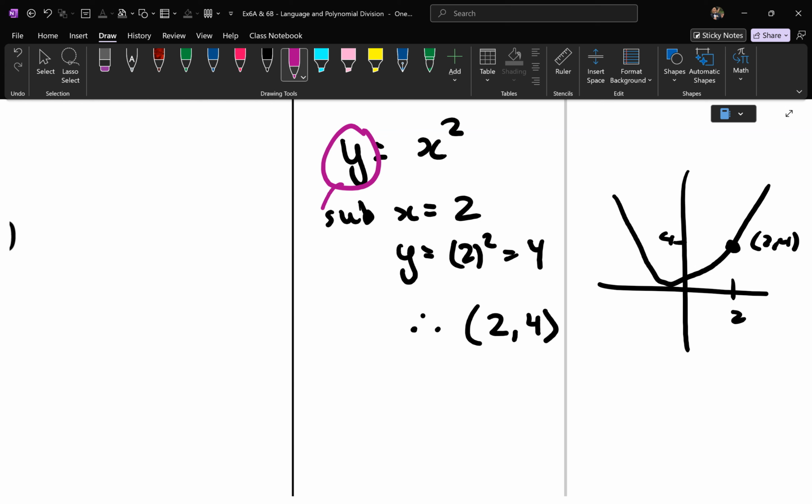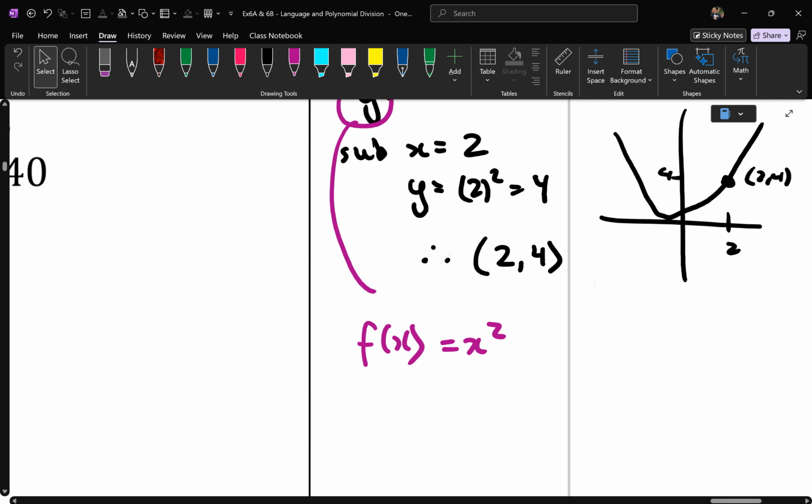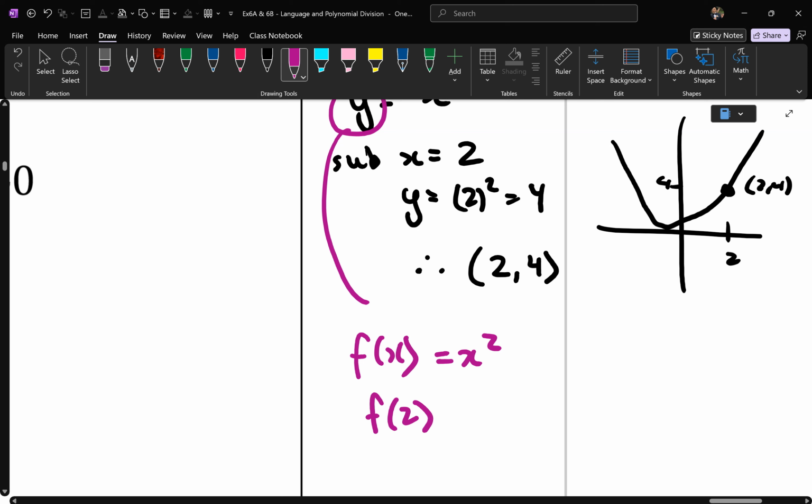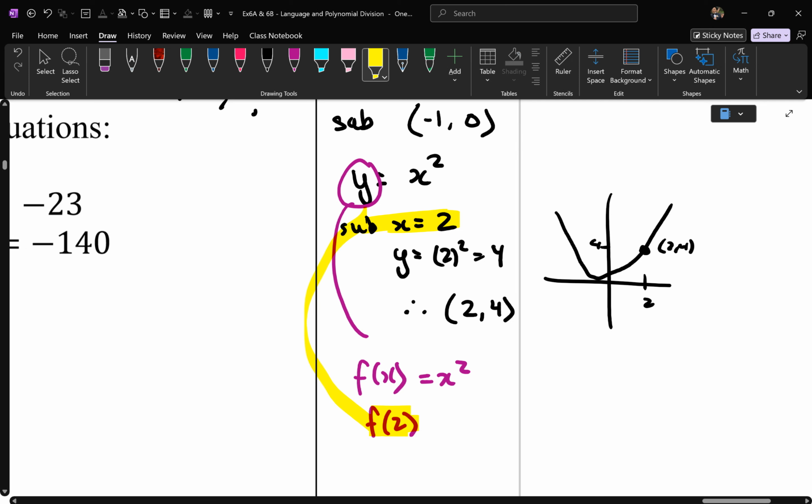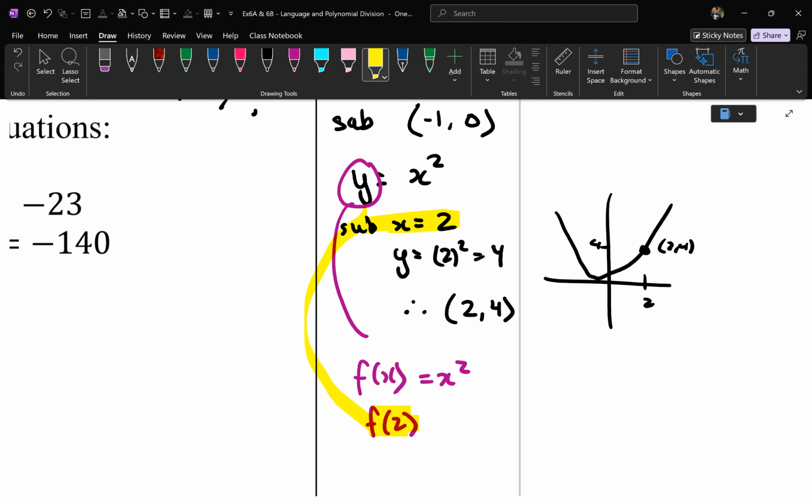Instead of using y, we use f of x. Instead of saying sub 2, we say f of 2. And that just means sub 2. Literally the same lines. These two lines here, x equals 2 and f of 2, mean exactly the same thing. Then what do you do? You sub 2 into the equation, so 2 squared.